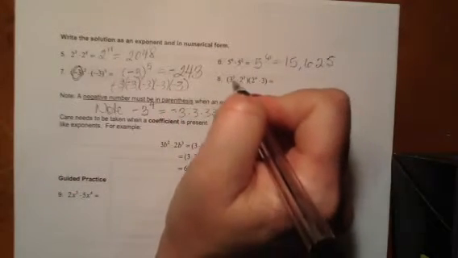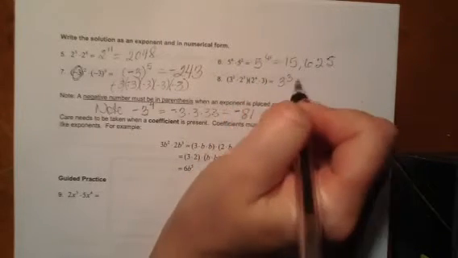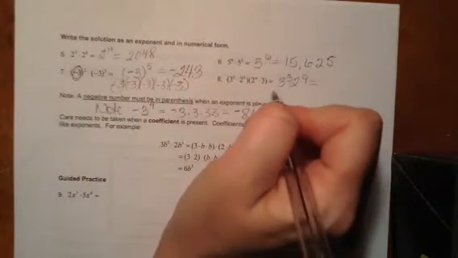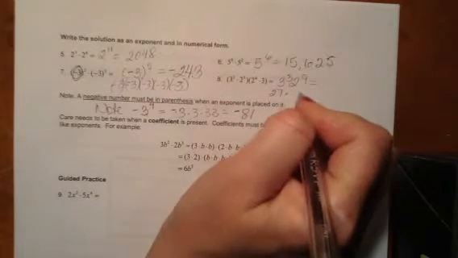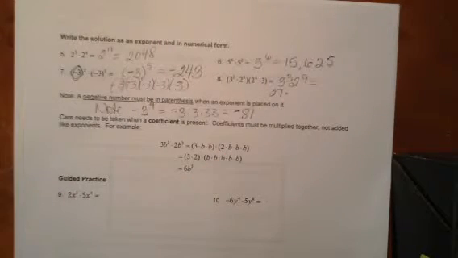Okay, on number 8, we have 2 3s here and 1 3 here, so it's 3 to the 3rd. We have 5 and 4, so that's 2 to the 9th. And so we come up with 3 to the 3rd is 27, and 2 to the 9th, let's see, I'll figure out what that one is.